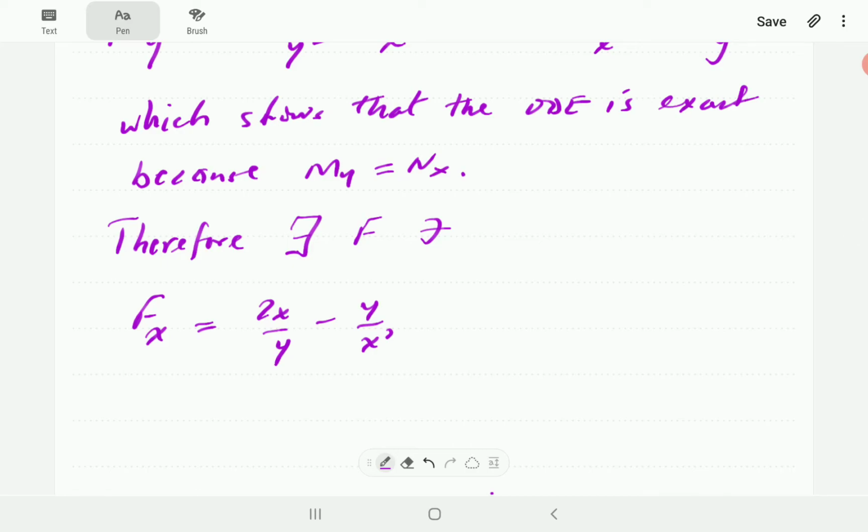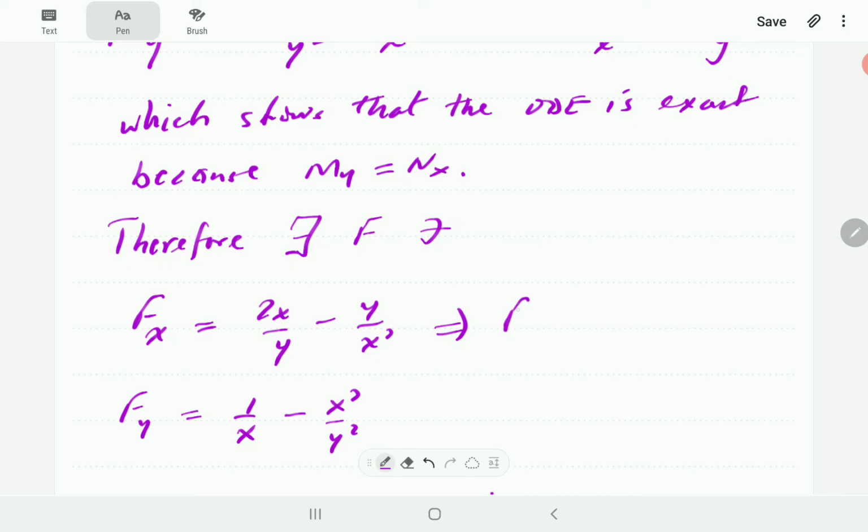At the same time, the derivative of f with respect to y is going to be our N, 1 over x minus y squared over x squared.